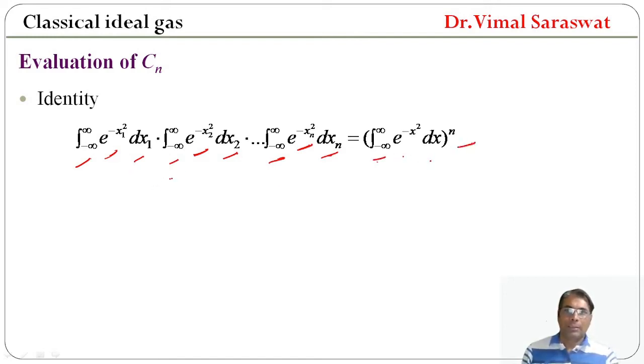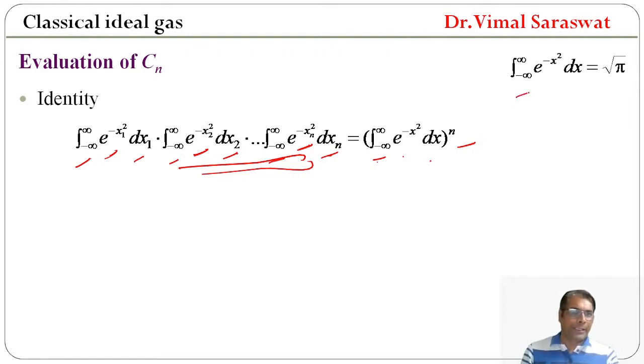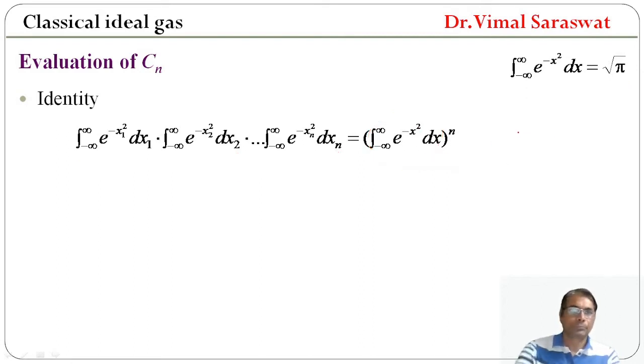So we use this identity here. Now integration from minus infinity to plus infinity of e raised to minus x square dx is equal to root pi. So this is root pi, and here we have power n. It means this will be pi raised to n by 2.